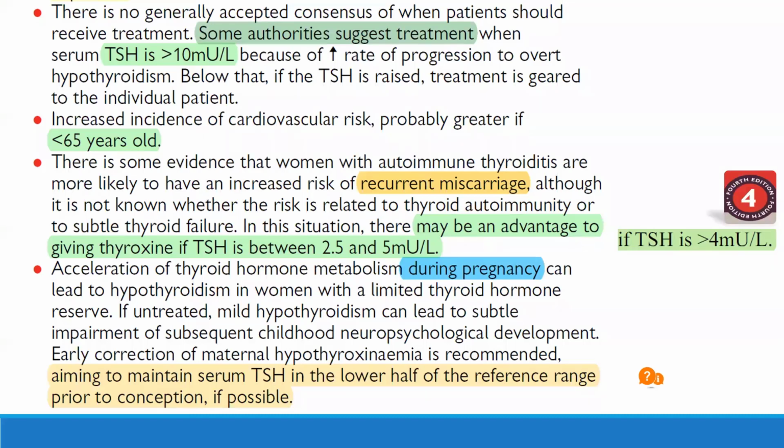But actually, I will discuss it later according to the presence of TPO. If TPO is positive, I will treat if TSH is more than 2.5. If TPO is negative, I will treat if TSH is more than 4.